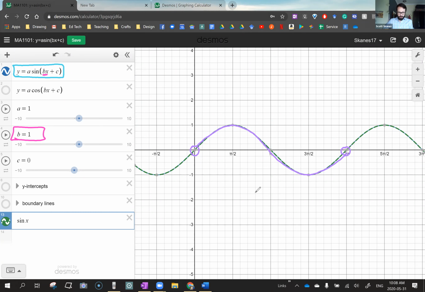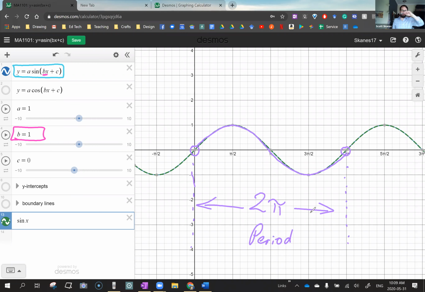That distance here is 2 pi. Some of you might know what I'm talking about, others, this might be a review. This distance is 2 pi. That's the original period, the original amount of time it takes to get from the first cycle to the second cycle.